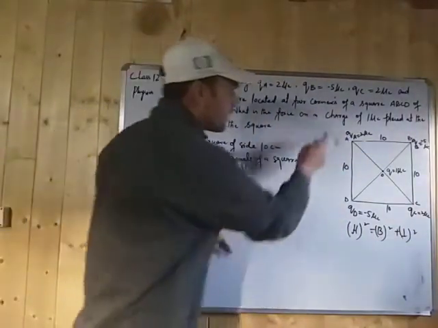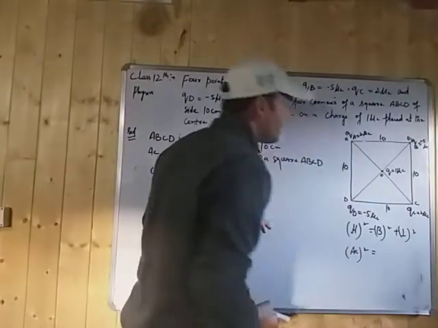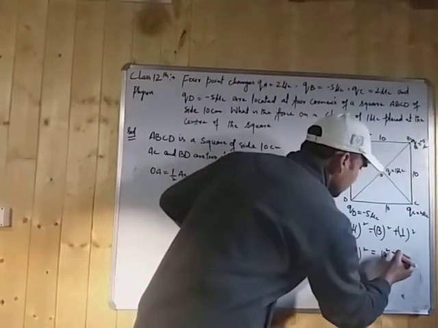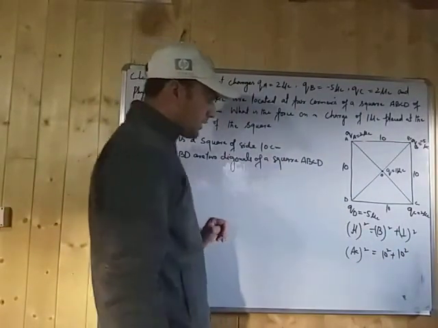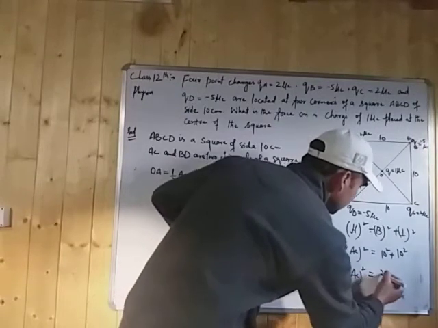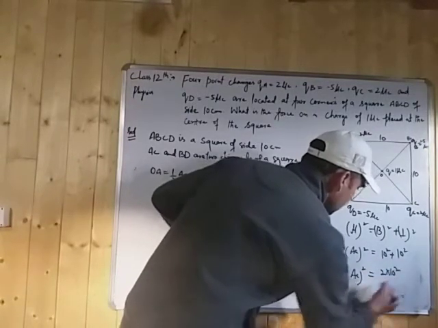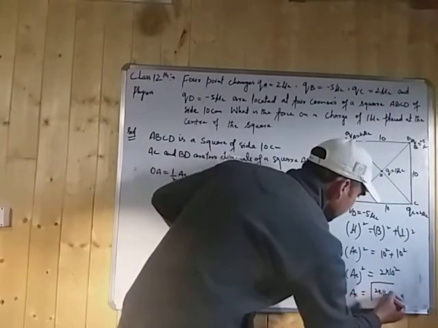The hypotenuse is AC. So AC square is equal to base, that is 10 square, plus perpendicular, that's also 10 square. So AC square is equal to twice into 10 square, or AC is equal to under root of 2 into 10 square.